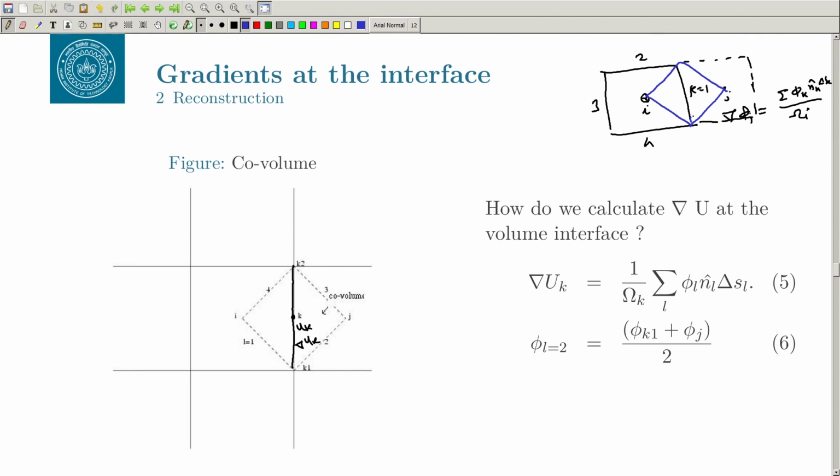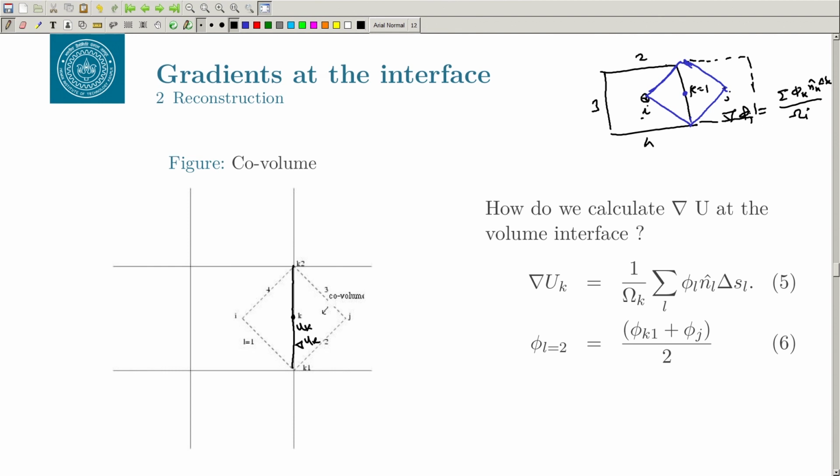For this co-volume, this is your center, and these are your 4 faces. So, you can use the same approach as earlier, except that now we want the gradient at k, whereas earlier we wanted the gradient at I.